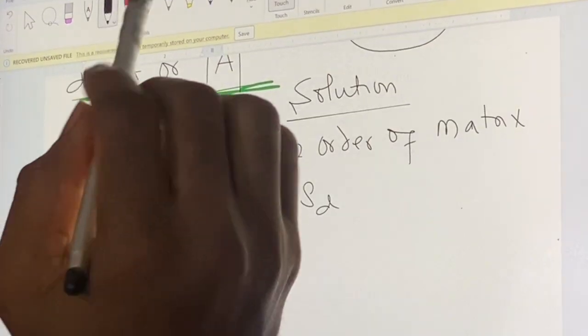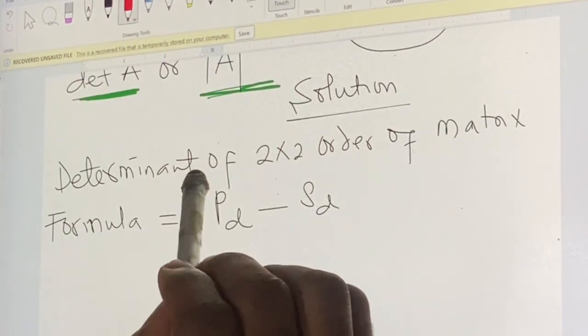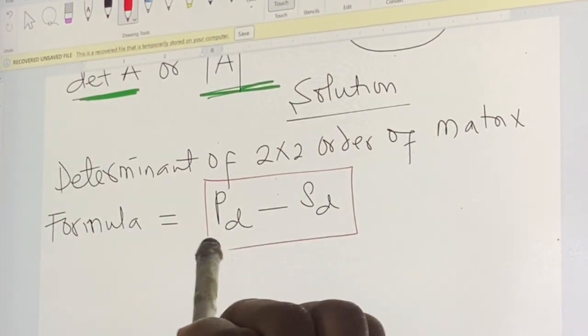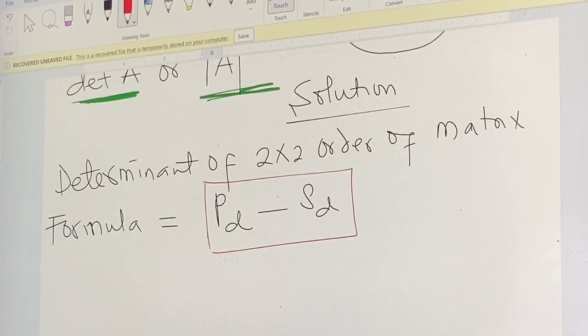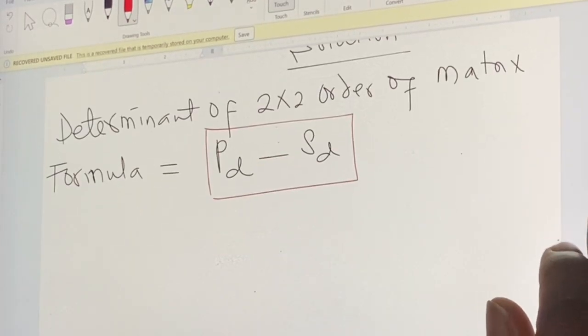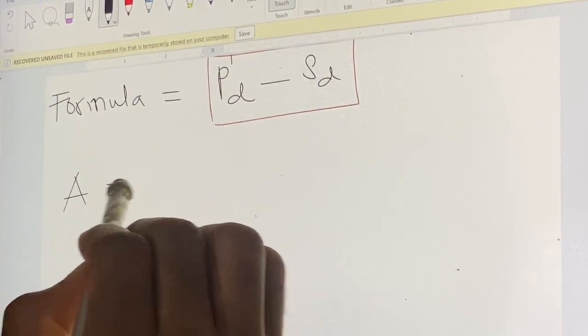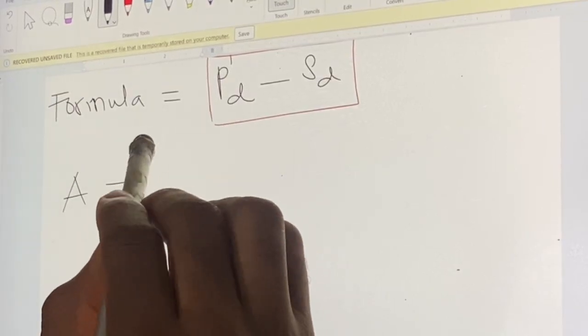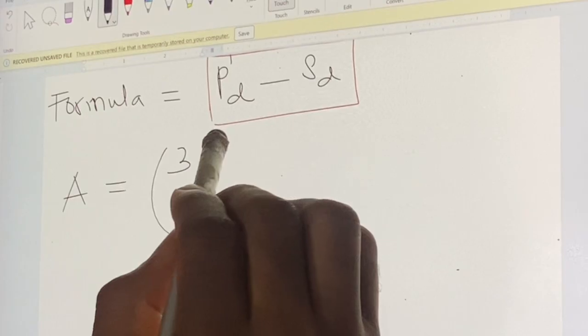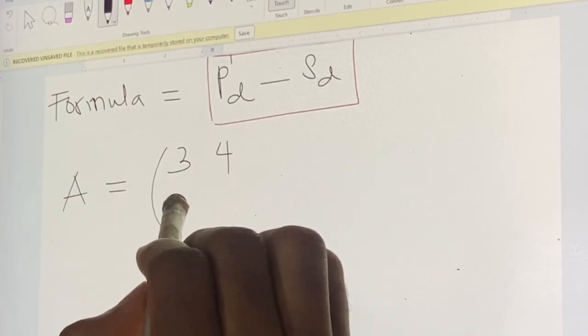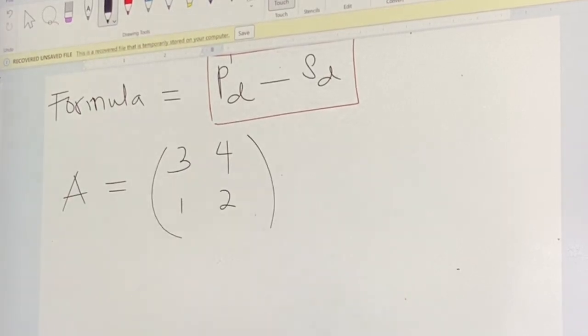Of course, we are going to know what the primary diagonal is and what the secondary diagonal is from the matrix. We are given the matrix A equal to 3, 4, 1, 2.